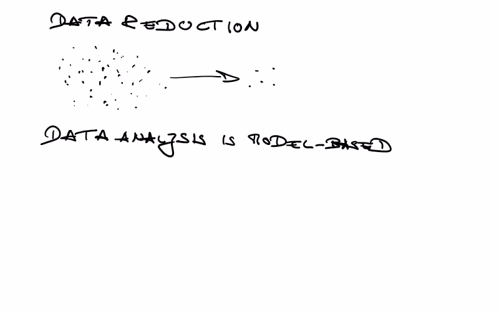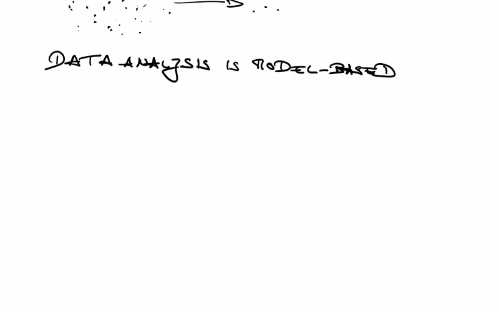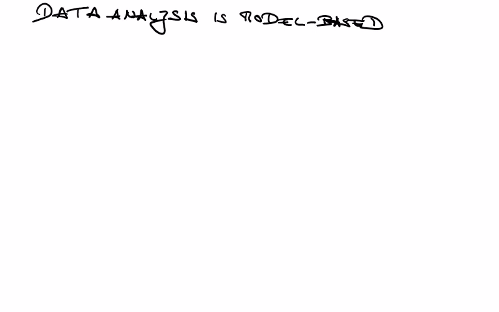So from what we are doing here, data analysis is always model-based, and in the summer term we will talk about so-called model-free data analysis techniques like PCA and ICA, and I will show you exactly what the model behind them is. One thing about model-free data analysis techniques is that the models are usually relatively general, or maybe a little bit boring from my perspective. So what do I mean by data analysis is model-based?